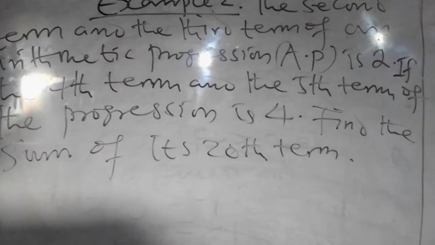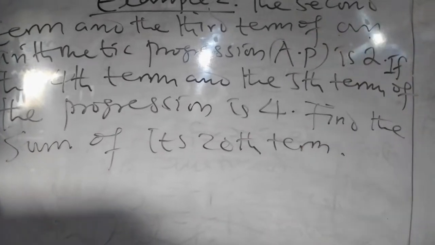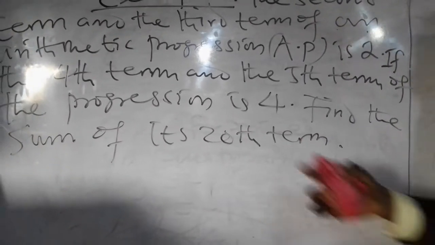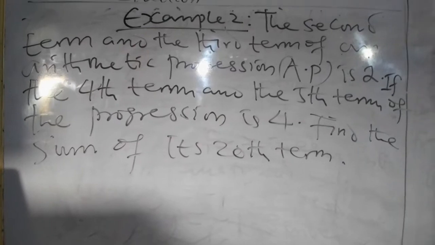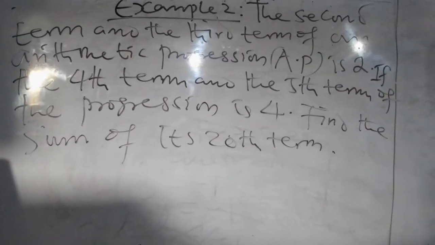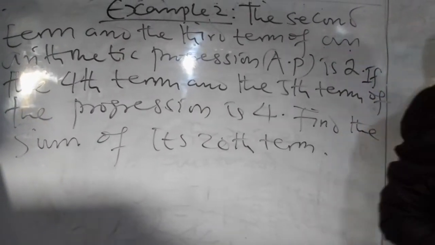If the fourth term and the fifth term of the progression is 4, find the sum of its 20 terms. This is the question, isn't it? This is also referred to as a word problem leading to simultaneous equations.